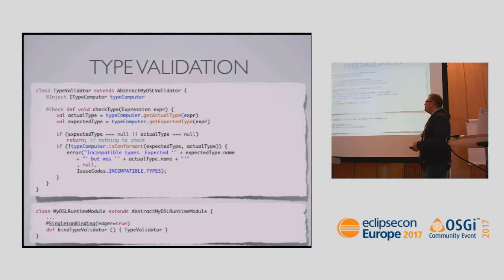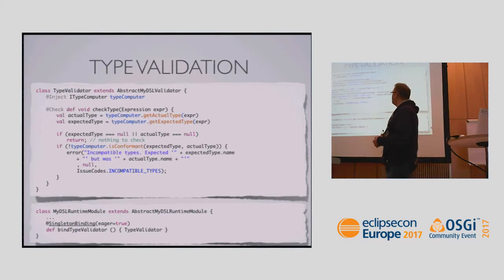A validation rule could look like this. It's actually not a big problem. You will write a validator class. Then you will have something like a type computer, which gives you the types. And then you ask to check an expression. Give me the actual type of the expression. Give me the expected type of the expression.